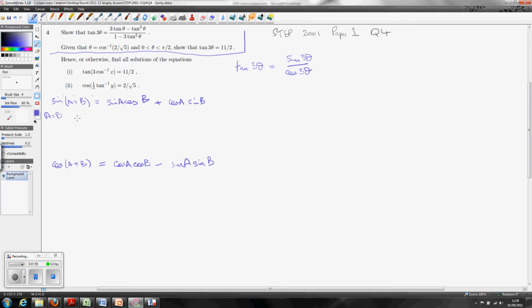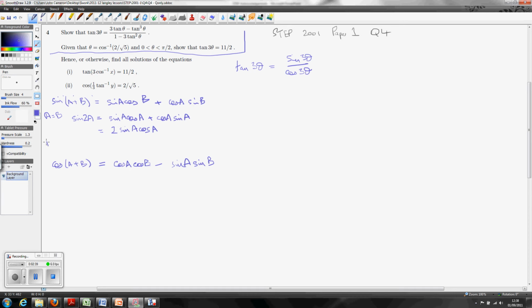So let's assume that A is equal to B. Then I've got here sine of 2A, which is equal to sine of A cos of A plus cos of A sine of A, and that's equal to 2 sine of A cos of A. Now you might have known that already as the double angle formula, but I've just worked it out from there.